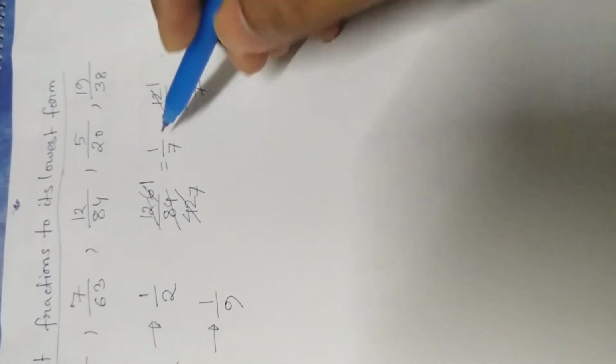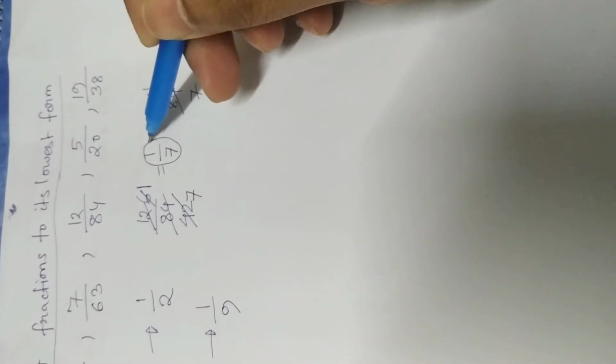So we need to find the biggest number to divide both the numerator and denominator with. In this case 12 and 84 are both divisible by 12, so I have just divided with 12. So the answer is 1 by 7. This is the required lowest form for 12 by 84.